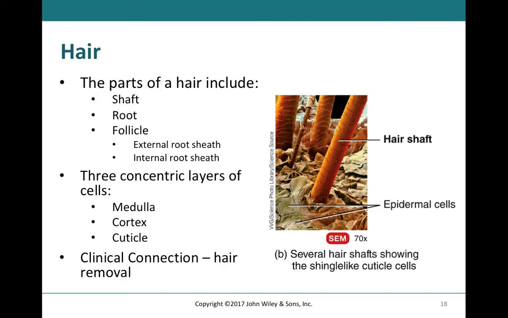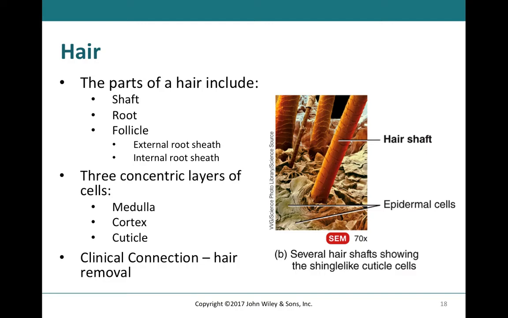So our hair matrix cells will arise from the stratum basale of your epidermis, and the new hairs will develop from cell division of the matrix within a portion of the hair called the bulb. At the base of each hair follicle, it's going to be surrounded by the dermal root sheath, and that's going to be an onion-shaped structure.